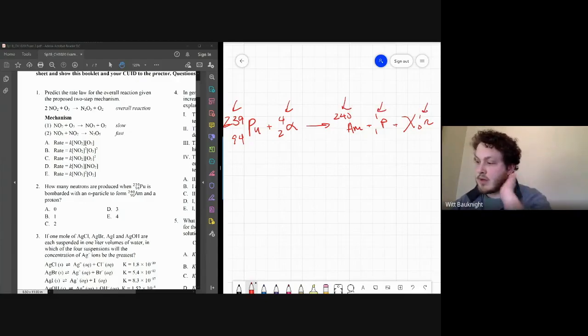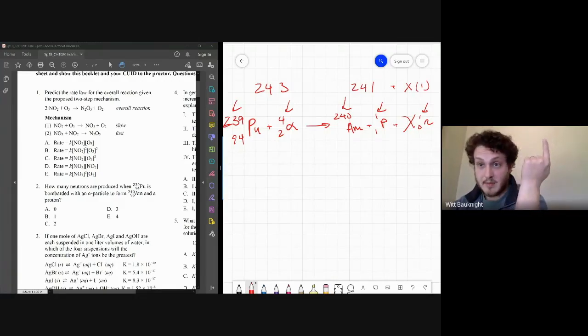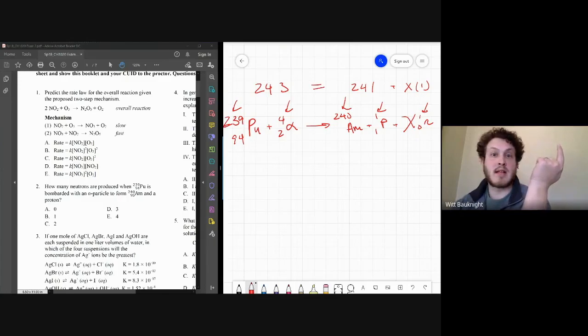So currently, we have 243 on this side, and we have 241 plus x times 1. I say 1 because there's always one mass number in a neutron. So we kind of just have to give it an equal sign and then solve for the correct number of x.